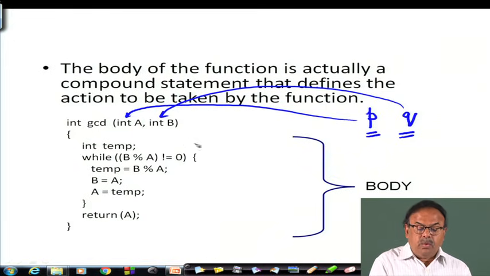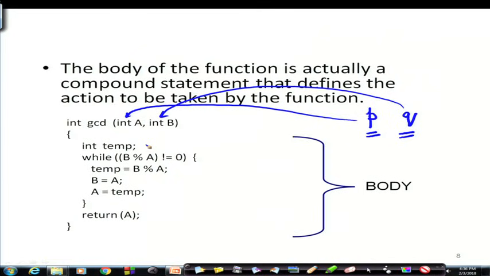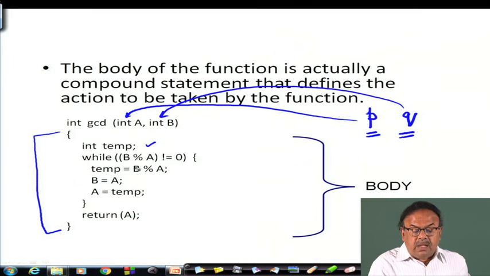Now, here we have seen this algorithm earlier. We take a variable temp. The body of the function is defined by these braces. While b is not divided by a, as long as that does not happen, we divide b by a and take the remainder and then go on.